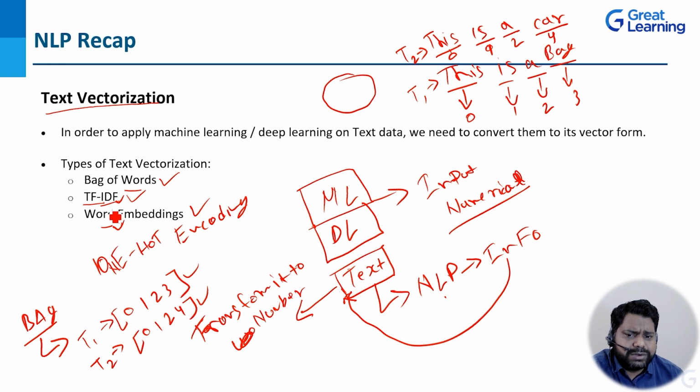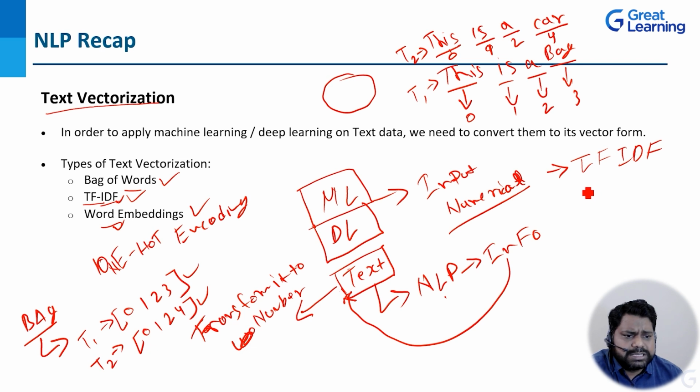So I'll just give you a basic understanding of what TF-IDF does. TF-IDF also converts words into vectors, but it gives term frequency inverse document frequency. In a nutshell, documents whose counts are less will get higher precedence in TF-IDF, and those whose frequencies are higher will get lower precedence.